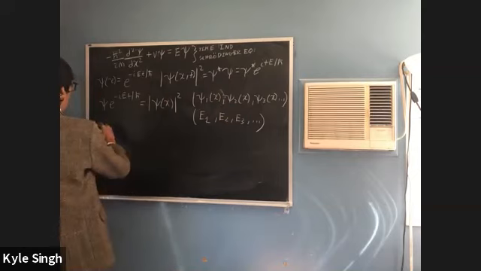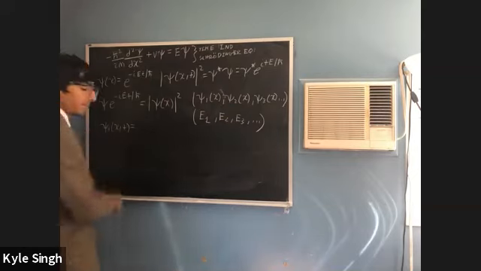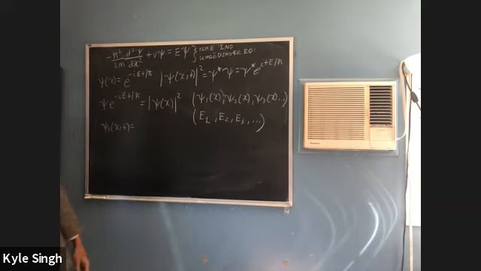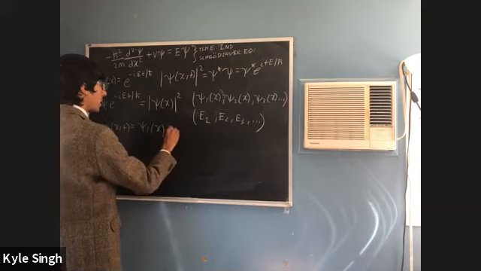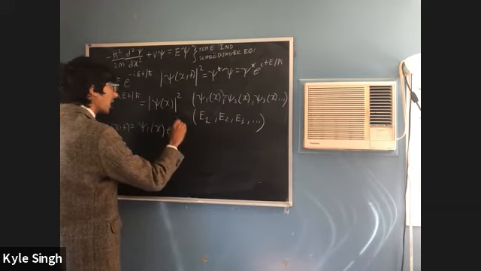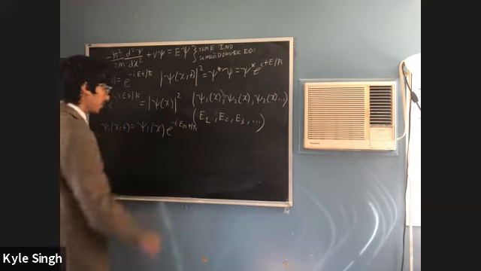So for example, if I have a psi 1 of x and t, some state psi 1, that's just equal to psi 1 of x times e to the minus i E sub 1 t over h bar.